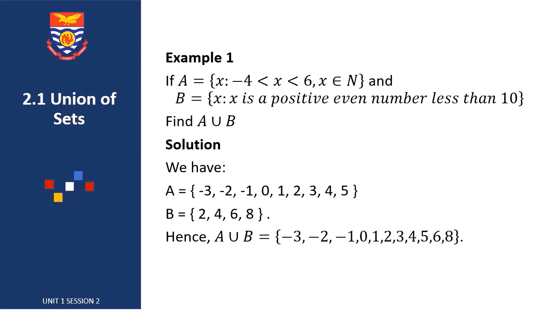To find the union of these 2 sets, we are going to combine the elements into a new set, which will be given as A union B, and that is -3, -2, -1, 0, 1, 2, 3, 4, 5, 6, and 8.